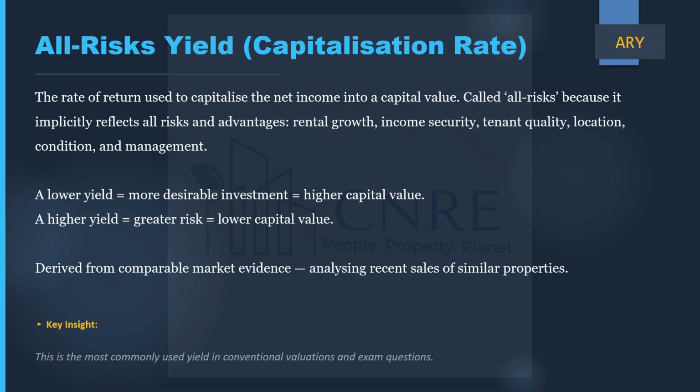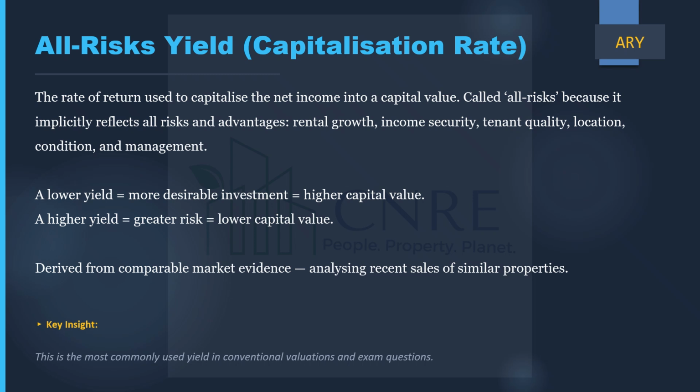There are various kinds of yields, and one of the commonest ones is the all risk yield. The all risk yield gets its name from the fact that it already reflects various risks that may be attached to property investments. As you can see on the screen, these risks may include things like the rental growth, income security, tenant quality, location, condition, and management.